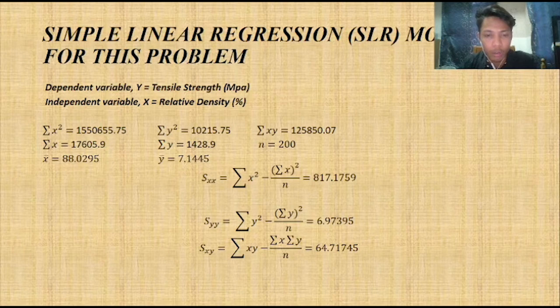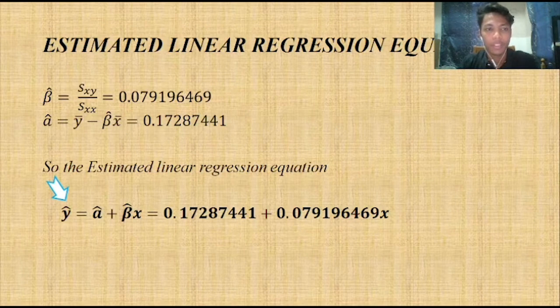Syy equals sum of y squared minus sum of y all squared divided by n, which equals 6.97395. Sxy equals sum of xy minus sum of x multiplied by sum of y divided by n, which equals 641.71745. After that, we can estimate the linear regression equation for this problem.